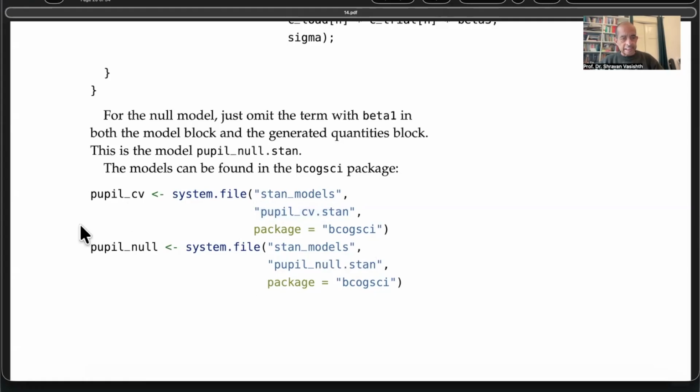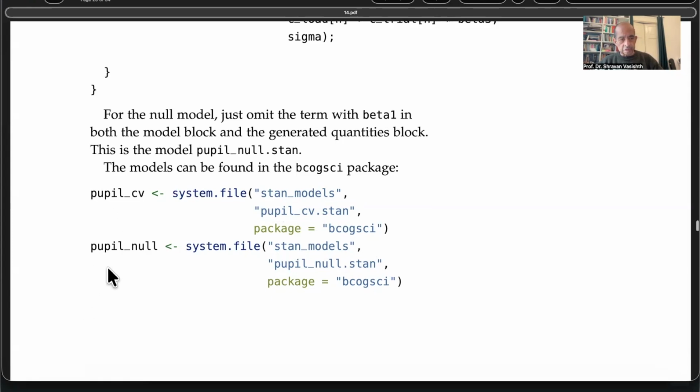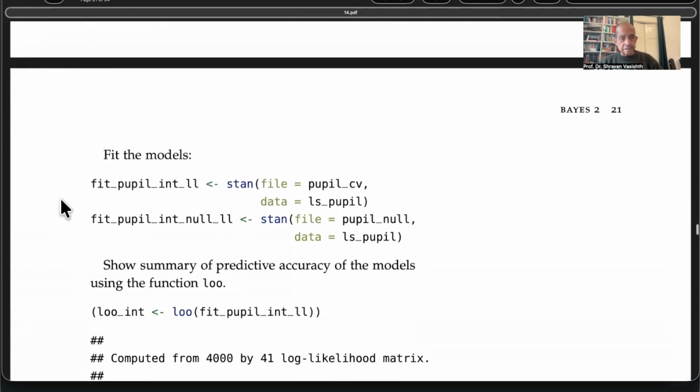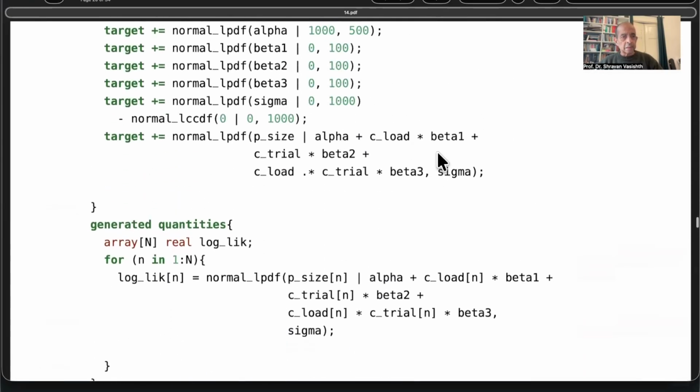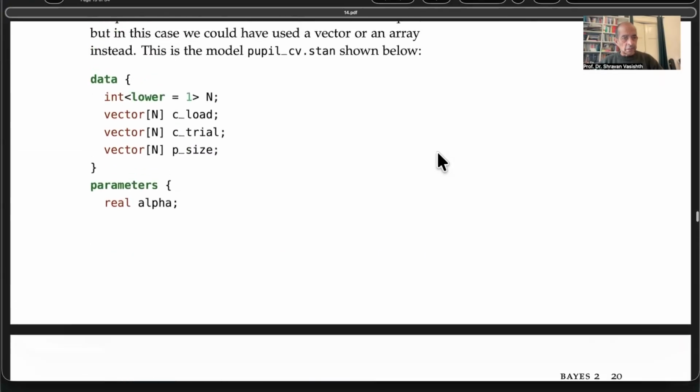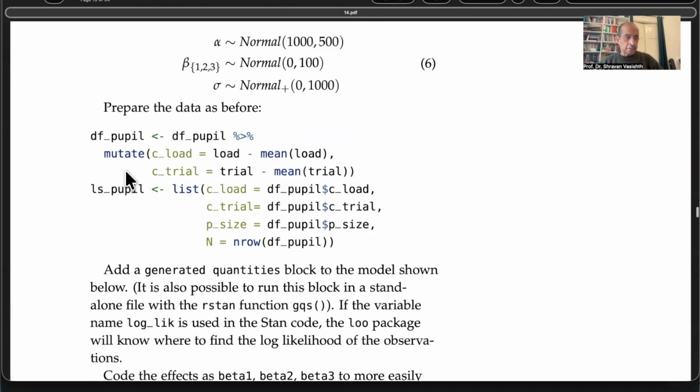So we extract the two models' code, and then fit them using Stan. We fit the full model and the null model using the df_pupil data frame. So notice that we are using the same list object for the full and the null model.